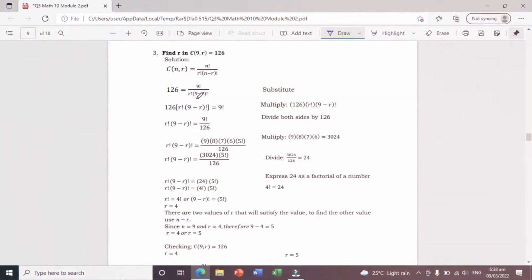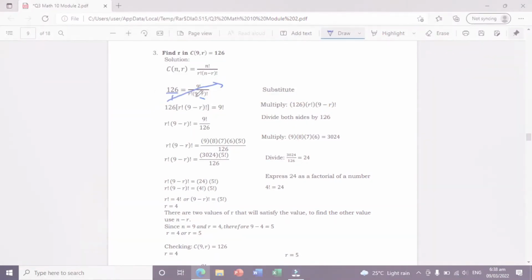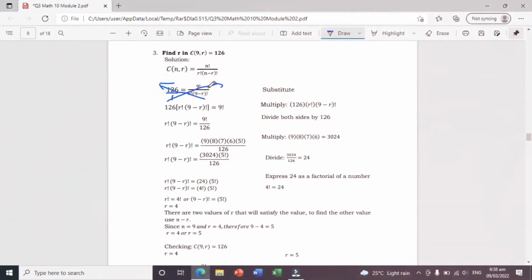So, since there is nothing to cancel, let's proceed. So, 126 has a denominator of 1. Cross multiply. So, 126 times the quantity of R factorial times 9 minus R factorial equals 1 times 9 factorial.